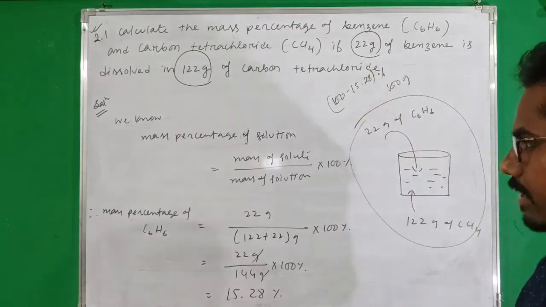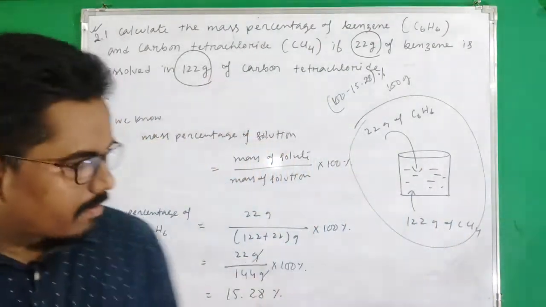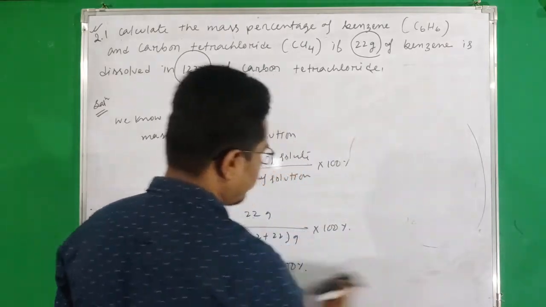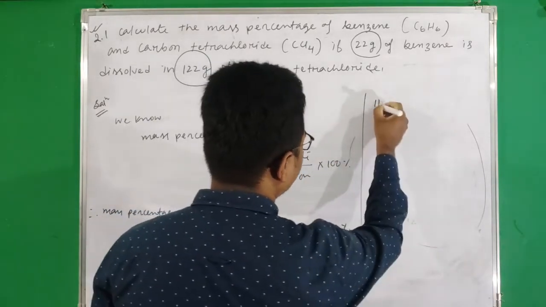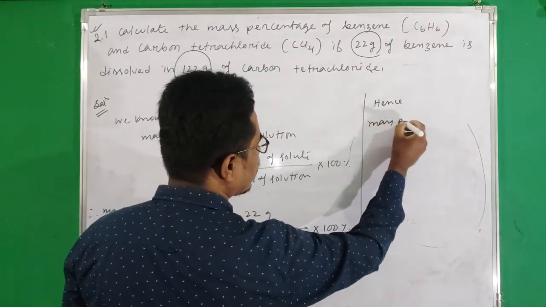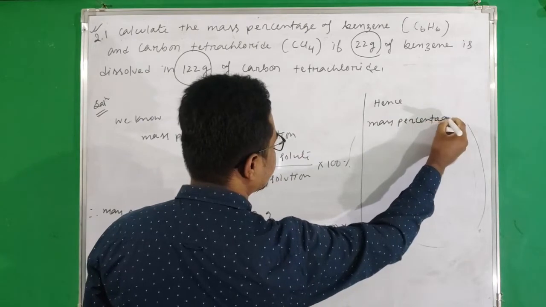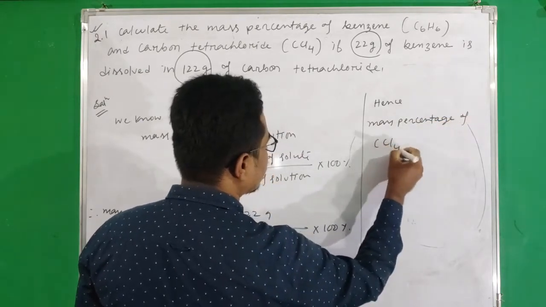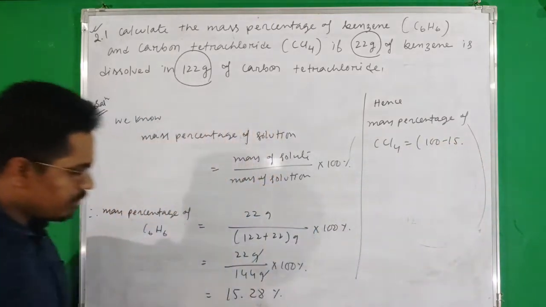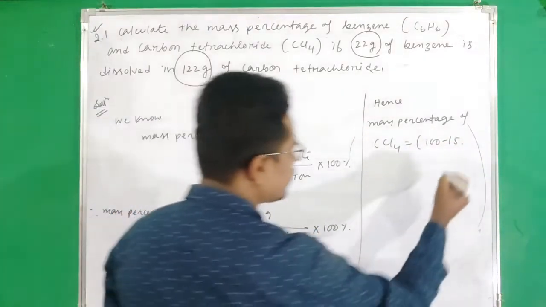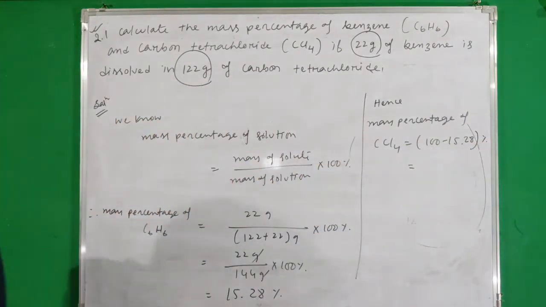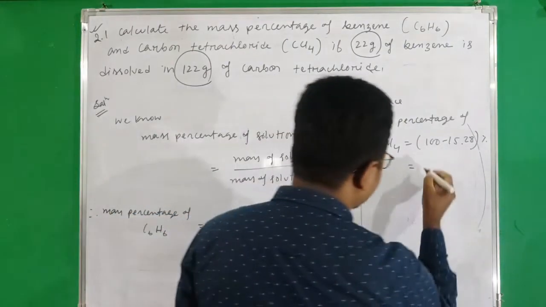Hence mass percentage of carbon tetrachloride equals 100 minus 15.28%, equal to 84.72%.